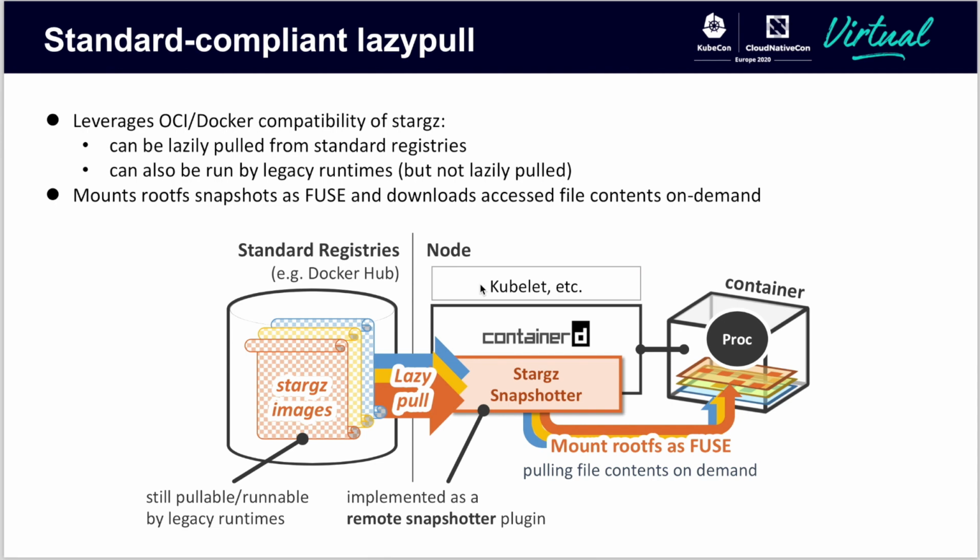Containerd allows remote snapshotters to remotely mount containers' rootfs snapshots from a remote store to containers on the node. So you can also implement your own remote snapshotter if you want to use remote stores other than a registry.